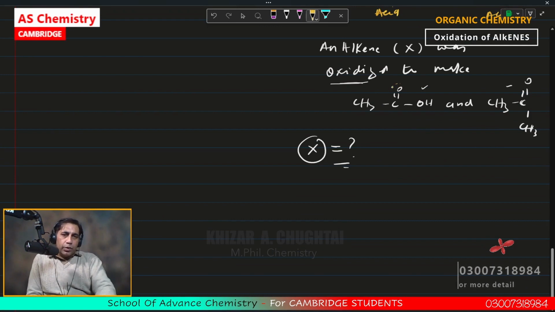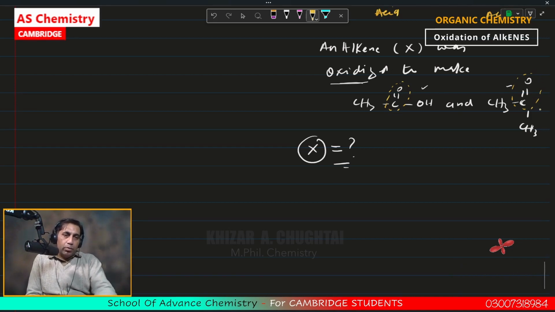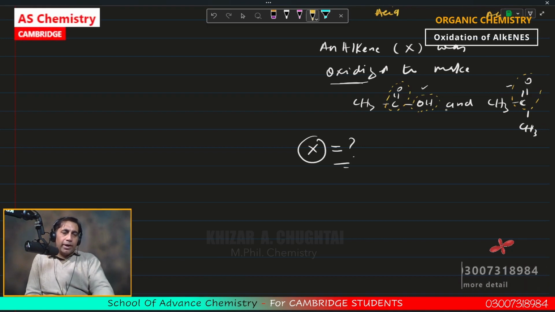Basically, just locate these two carbons, the C double bond O carbons. Then, is there any OH group on the C double bond O? No OH group. Then I am going to locate this one.